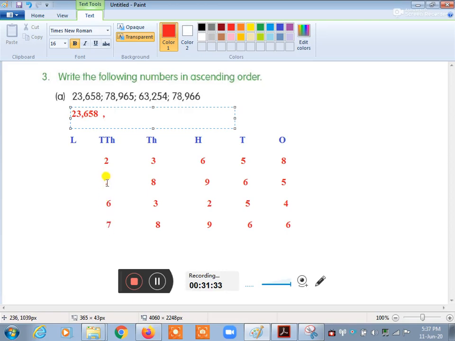Both are equal, so move to the next place. Here compare 8 with 8. Both are same. So move to the next place. Here also in the 100 place 9, here also 9. So both are same. Move to the next place. Here is 6, here is 6. Both are same. So here is 5, here is 6. So 6 is greater than 5. So 78,966 is the greatest number.